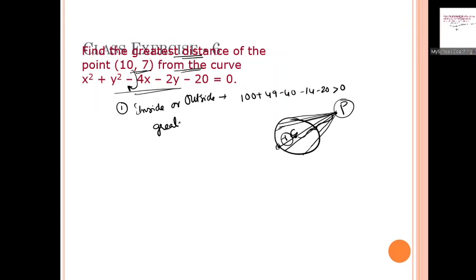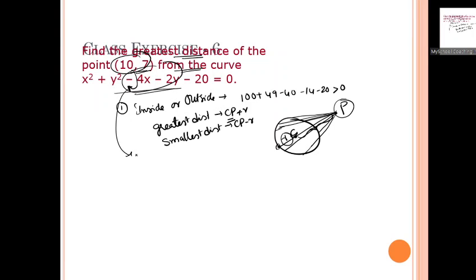So greatest distance is equal to CP minus R. Sorry, CP plus R. Smallest distance kya hoga agar question diya toh? CP minus R. Clear hai? Where what is CP? CP is the distance between the given point and the center.